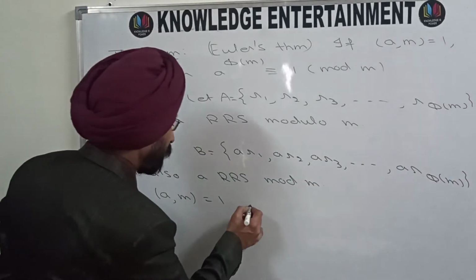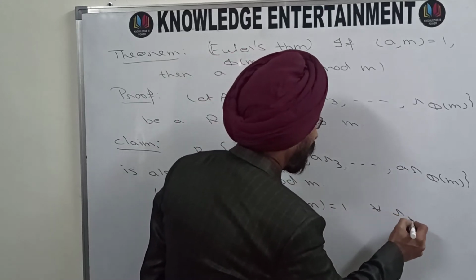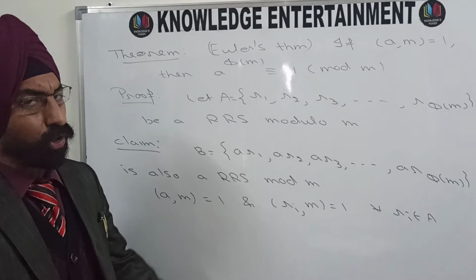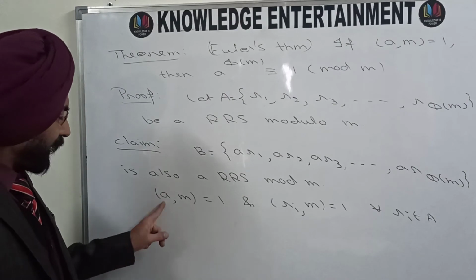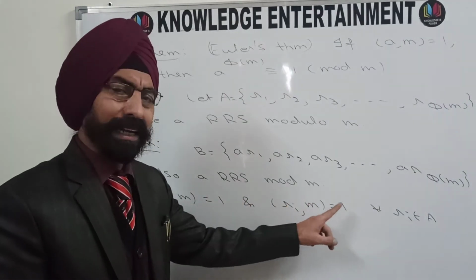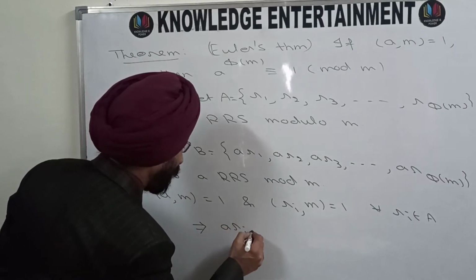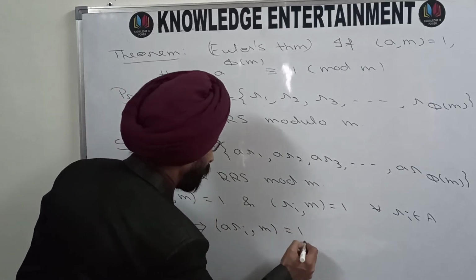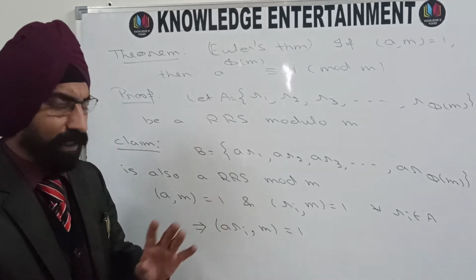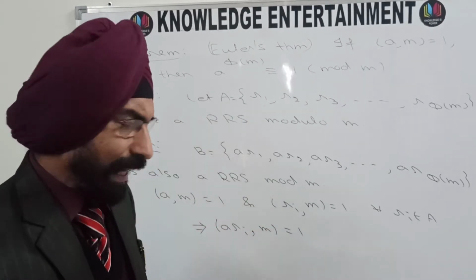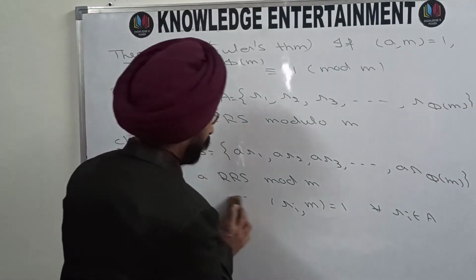That means GCD of ri and m is 1 for every ri belonging to the set A. Now, if a and m have GCD 1, and ri and m have GCD 1, this directly implies that a ri and m will have GCD 1. Such results we have already proved in previous videos. So the first result is proved, that each member of the set B is co-prime to m.